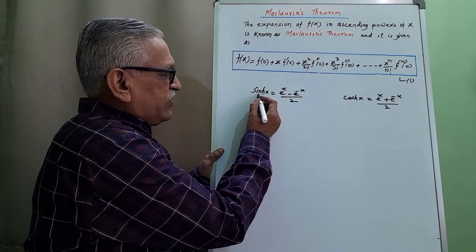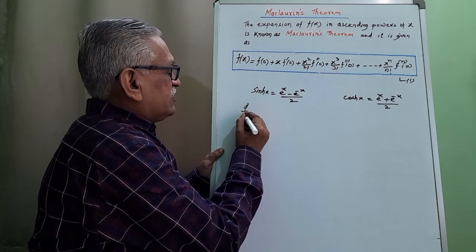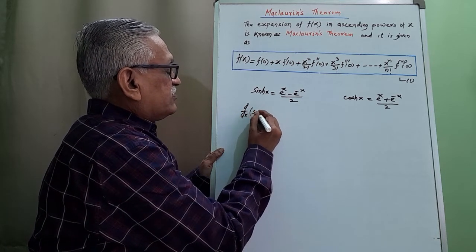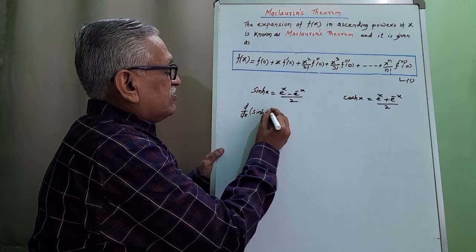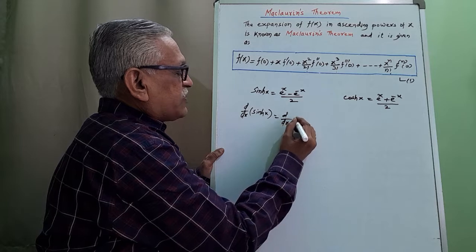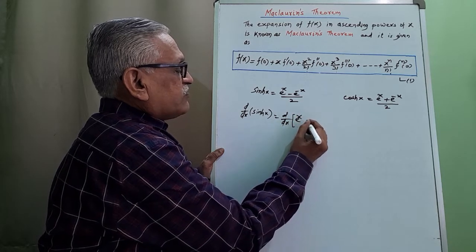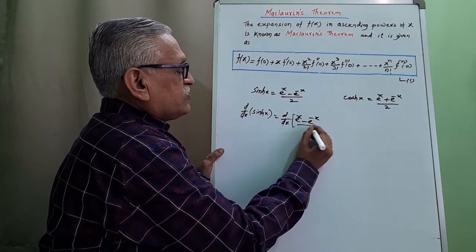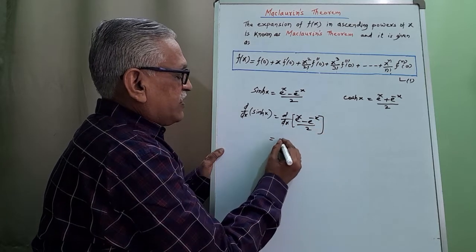And then when we differentiate it with respect to x, derivative of that sin hx as differentiation of that right hand side term with respect to x, it is e raised to x minus e raised to minus x by 2, 1 by 2 constant outside.